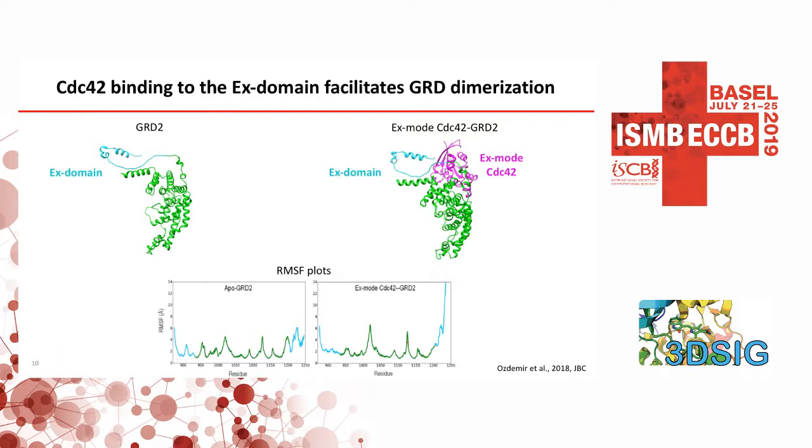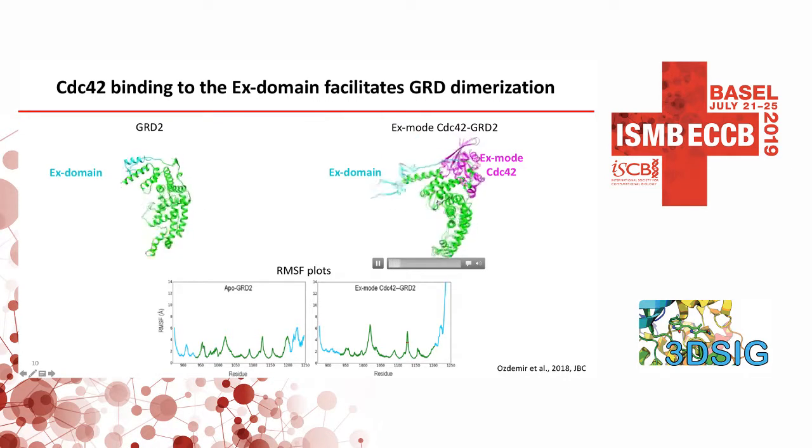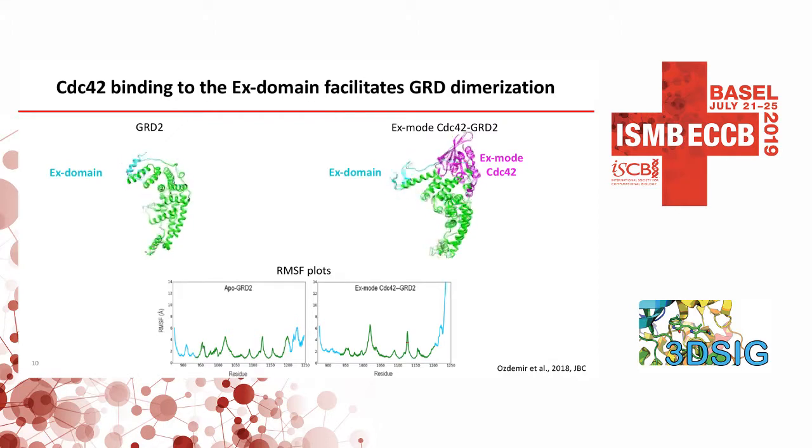After analyzing the simulation, I realized that when I compared the free form of GRD with the one that has a CDC42 in its EX domain, the C term of these 2 proteins behaves differently. I will show it again. In that case, the C term is folded upon itself. However, after CDC binding, you can see that the C term is released.